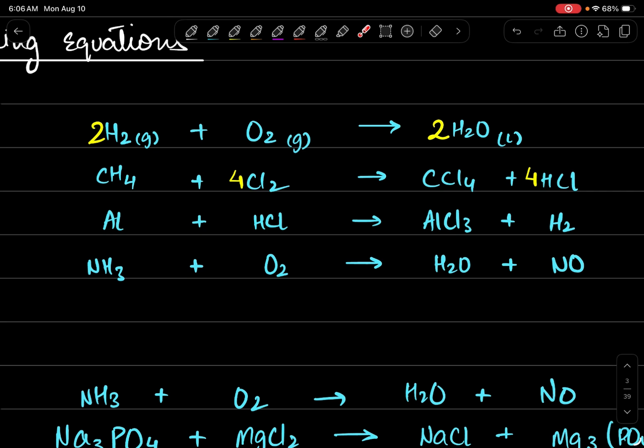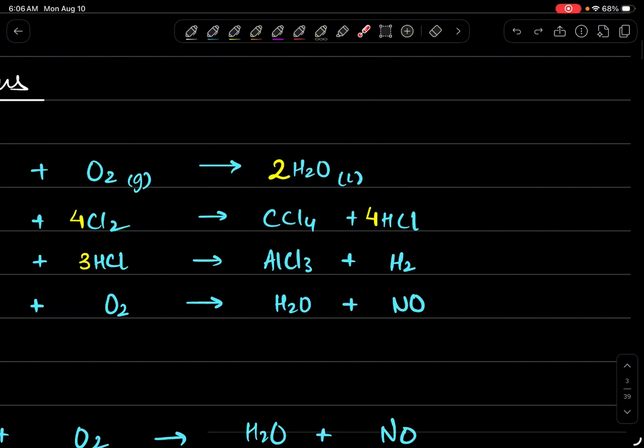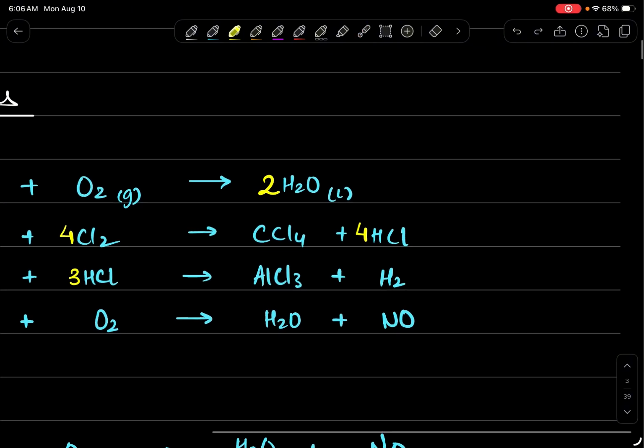So we need to apply a different method to fix it. Let's just add a 3 here for now. So 3 HCls, right? Now this makes our chlorines 3, aluminum is 1 and hydrogen is 3 on the reactant and 2 on the product. Now how do we make this 3? What do we multiply here by 2 to make it 3? 2 times what equals 3?